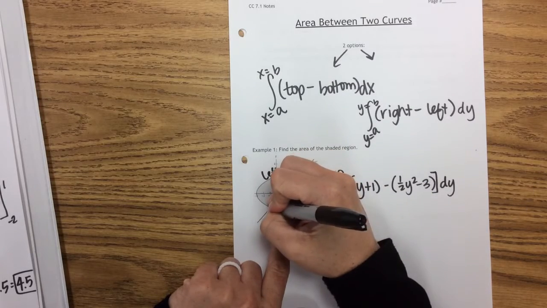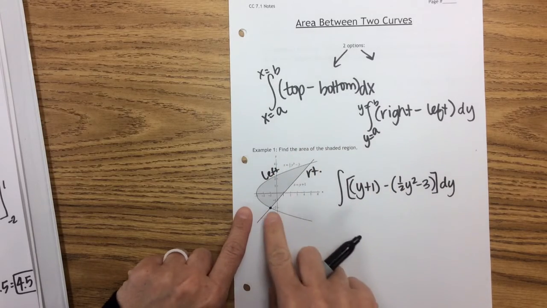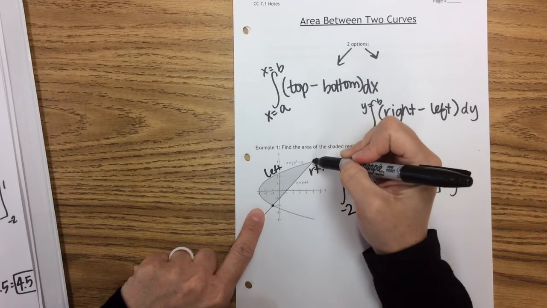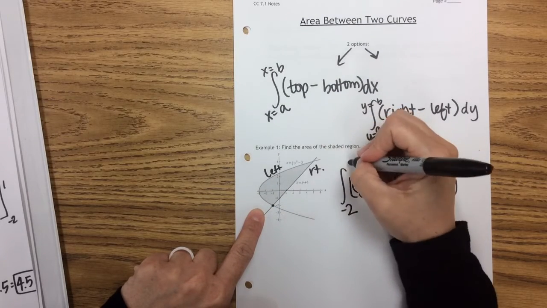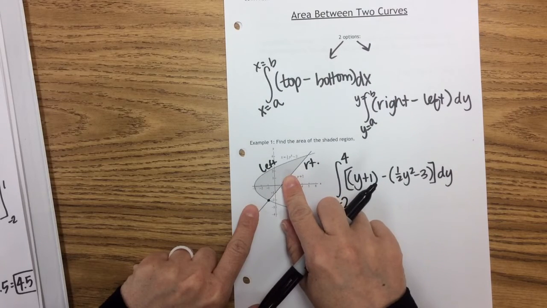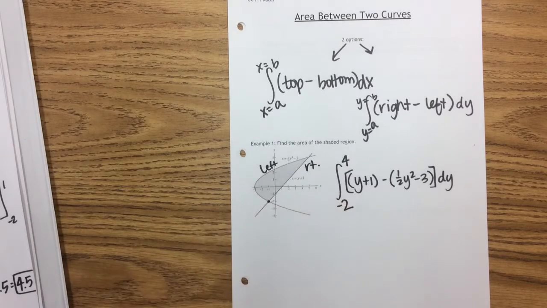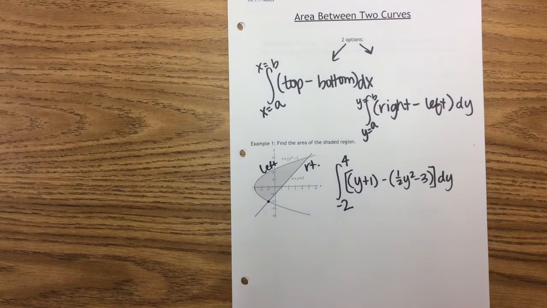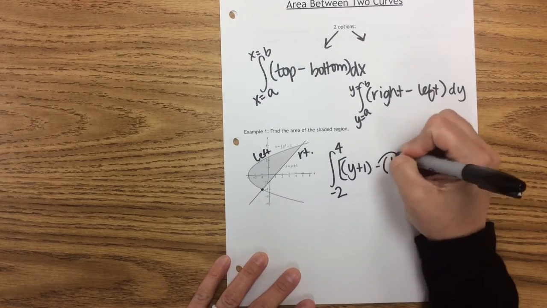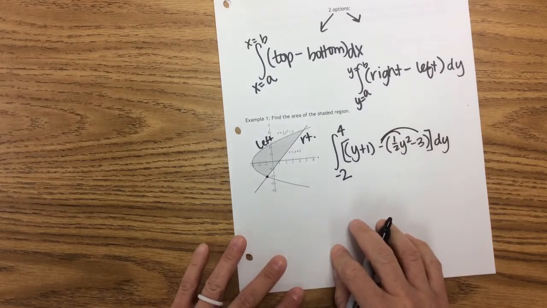So when I look at where I start, I'm going to look at that y-axis number, which is -2, and this y-axis number, which is 4. If you didn't have a picture like this, that's so nice, you'd have to find the intersection points by hand. So I'm going to clean this up a little bit, distribute that minus.